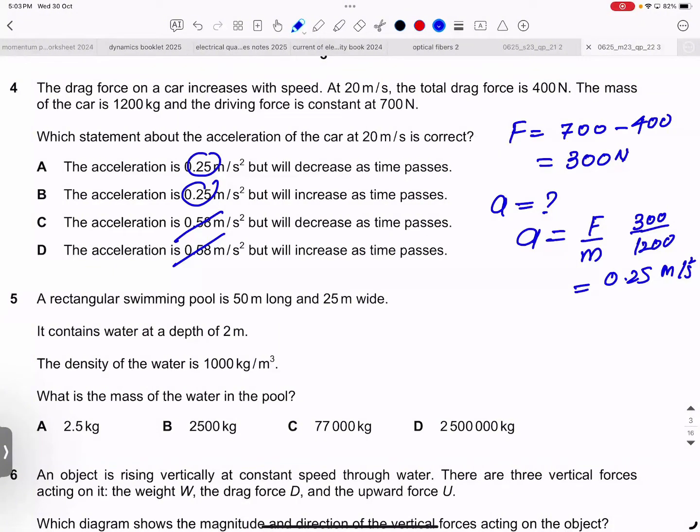So when speed increases, the drag force, that is resistance, will also increase. When air resistance increases, the acceleration will decrease. More speed, more air resistance, less acceleration. Option A.